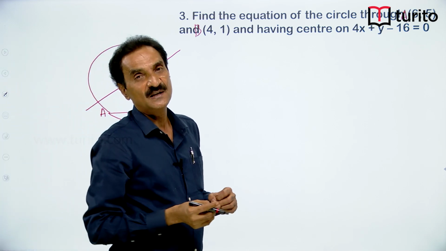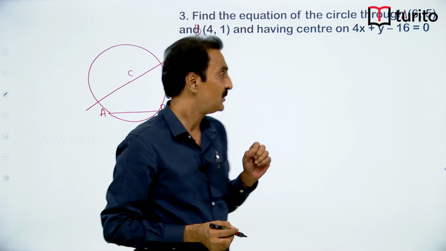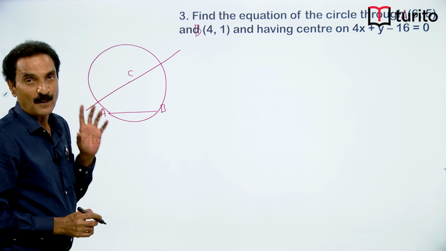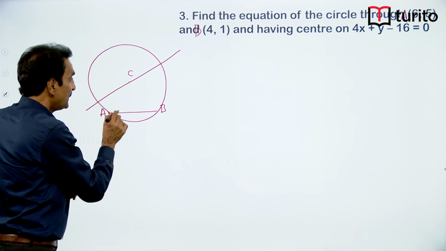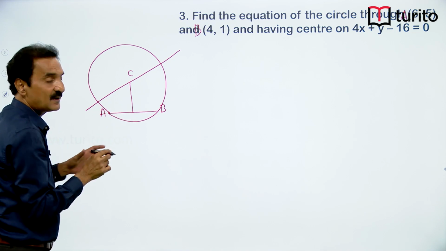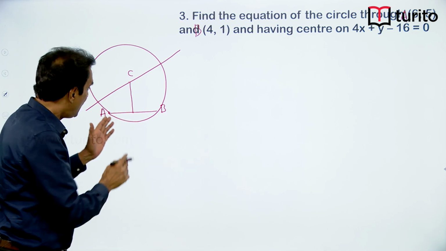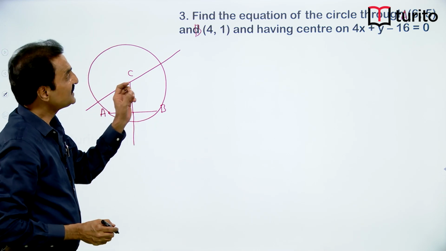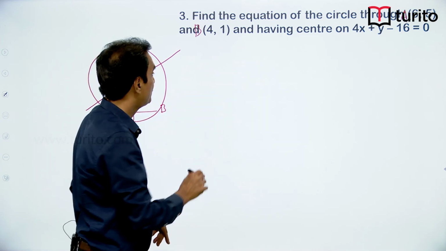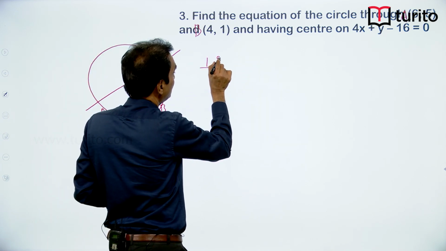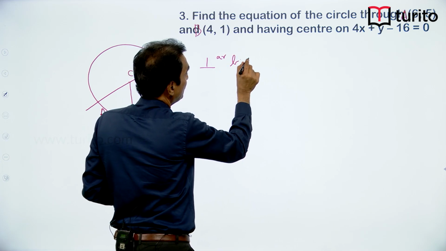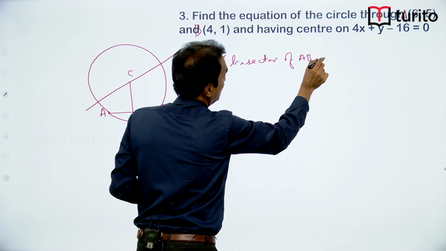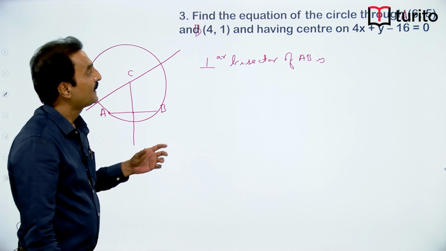For finding the equation of the circle, you need the center and the radius. So, first let us calculate the center. We know the property that the perpendicular from the center on any chord bisects the chord, or the perpendicular bisector of any chord passes through the center. So, let us find the perpendicular bisector of AB. How to find it?